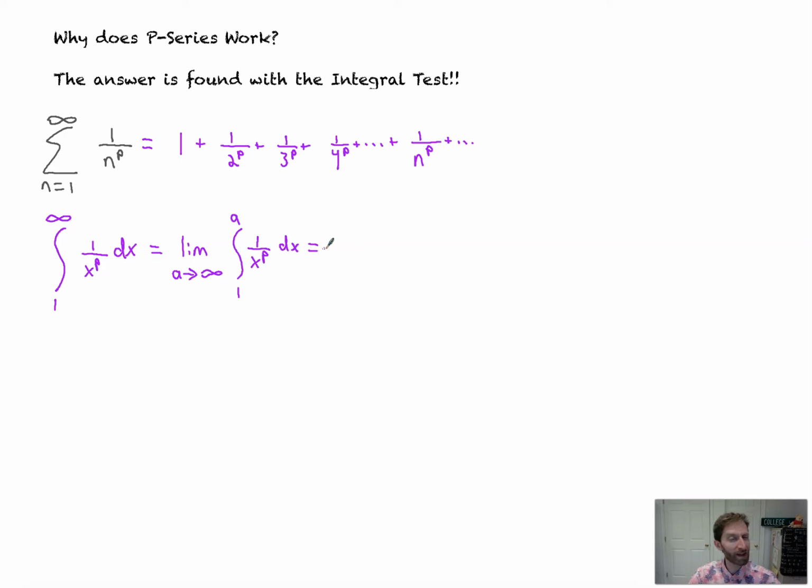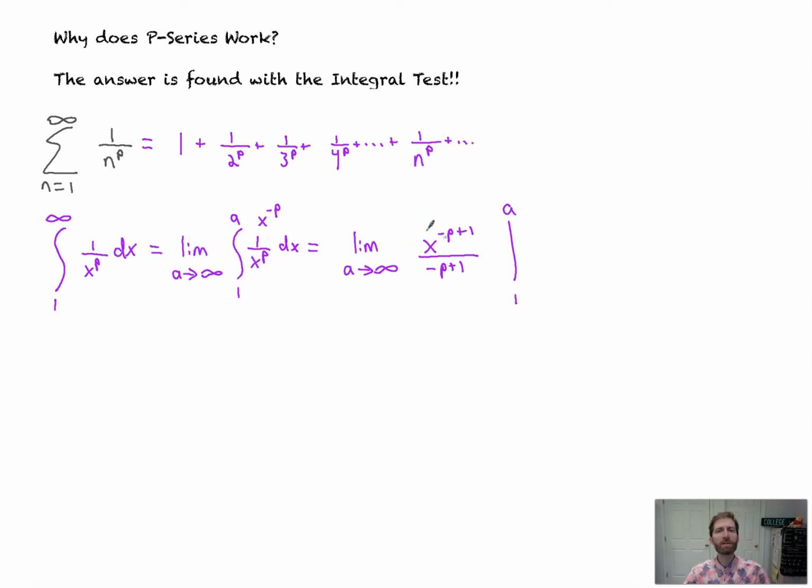If you were paying attention in my chapter 8 video with improper integrals, you'll see that I already went over this idea, we just didn't call it a p series. So we integrate that, you add 1 to it, right? This is x to the minus p. So you add 1 to that, that's x to the minus p plus 1, all over minus p plus 1. And that's evaluated from 1 to a.